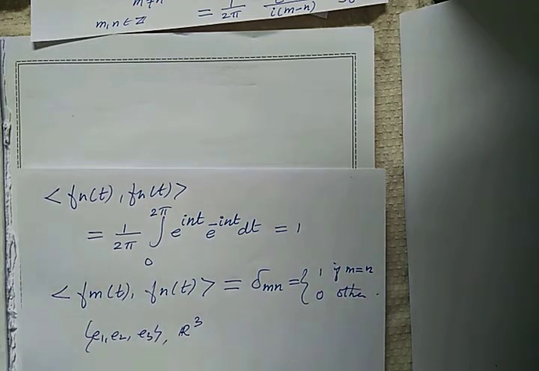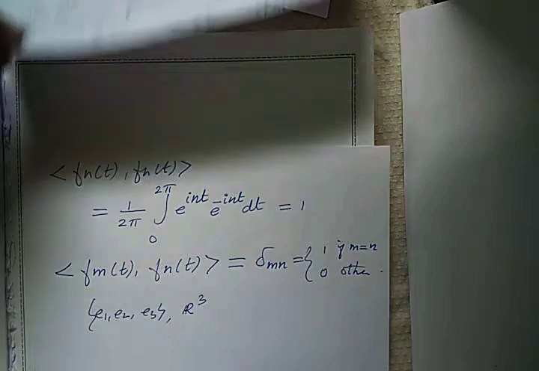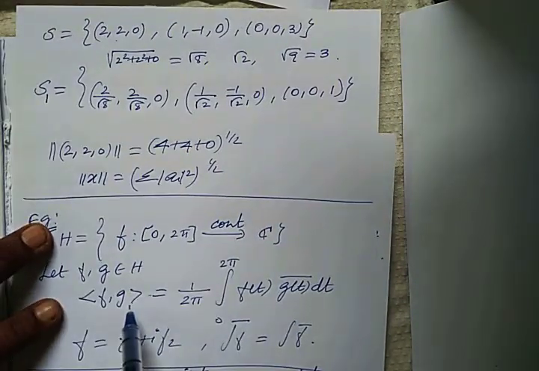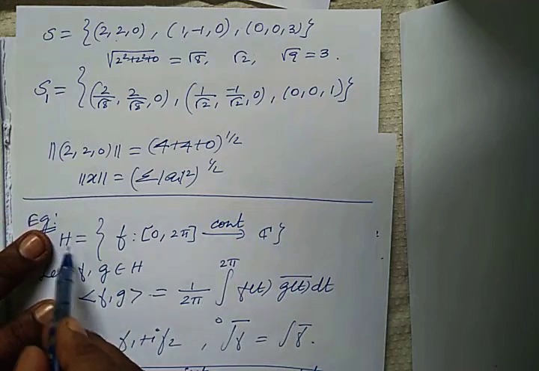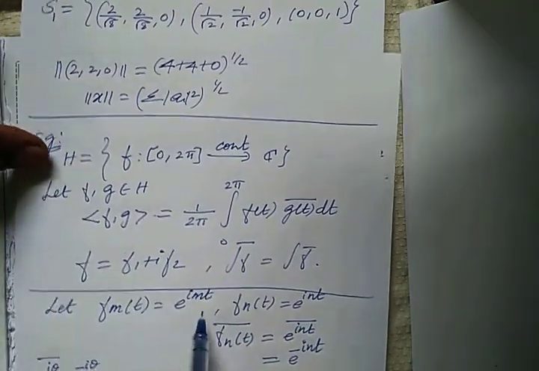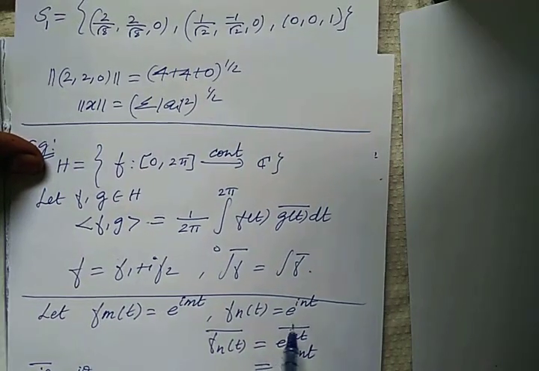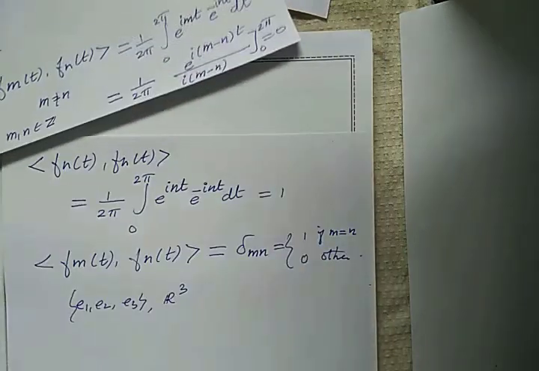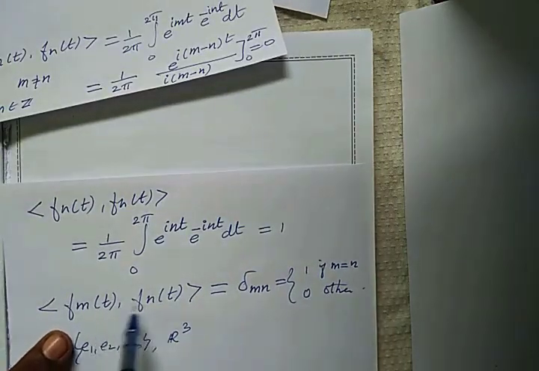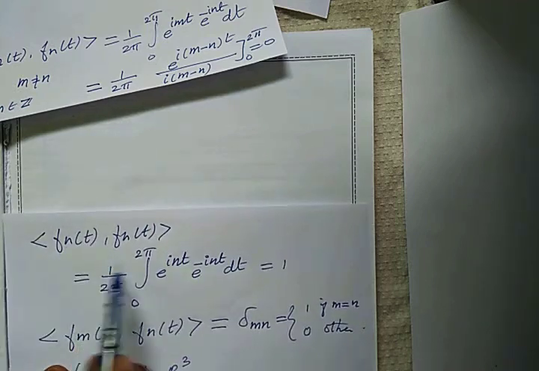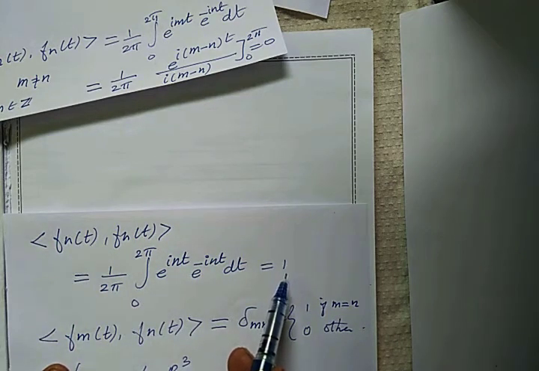Similarly, for this vector space, with respect to this definition, for this inner product space, now we have seen e to the power imt, e to the power int. For these set of functions, if m and n are distinct, we get 0. And if they are same, we get 1, unit vectors.